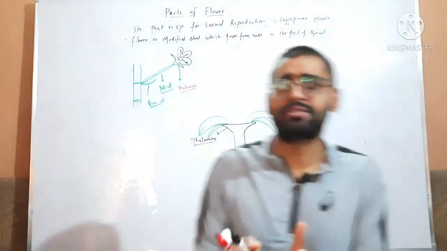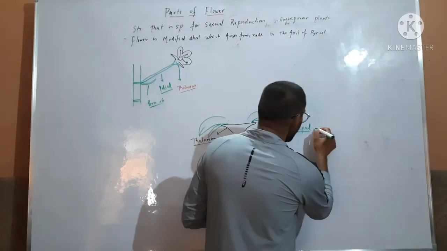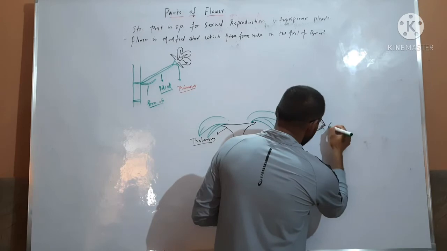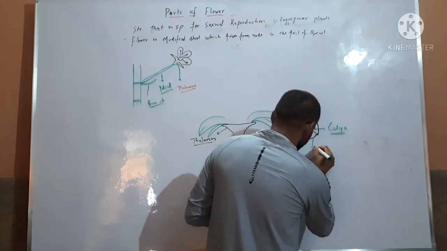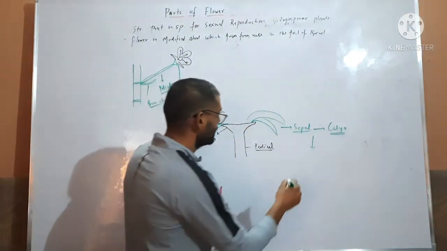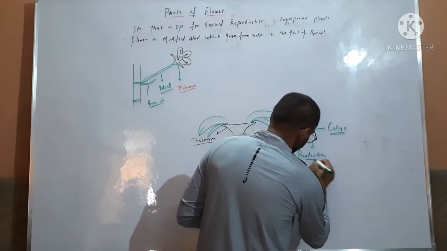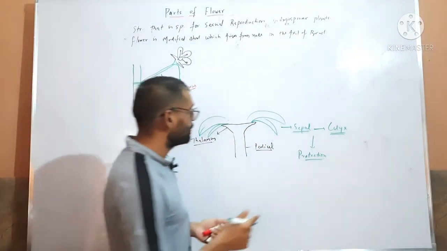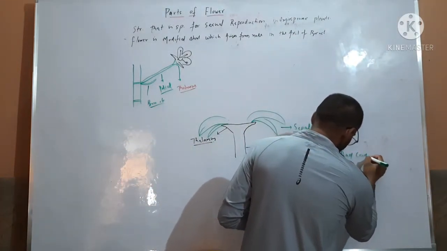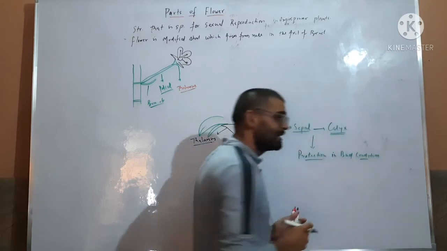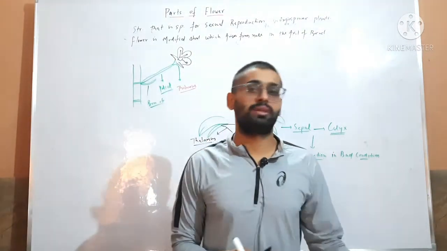That means it protects the flower in bud condition. That is called sepal. And collectively all the sepals are called calyx. What is the function of this calyx? It is protection. In bud condition, or you can say when flowers are younger, this greenish part protects the flower.